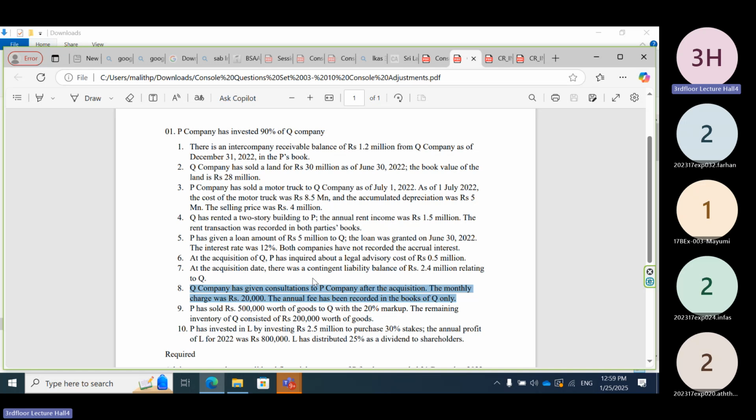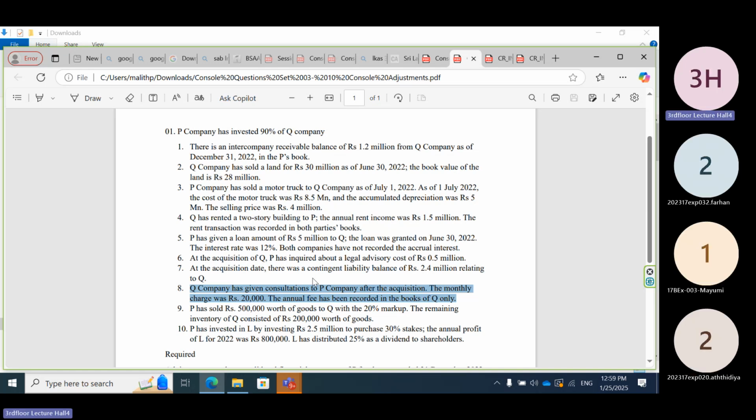A is selling goods to B. In sales, we have, let's say, 100,000.